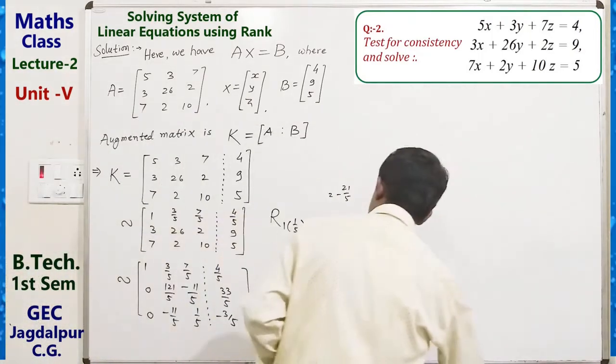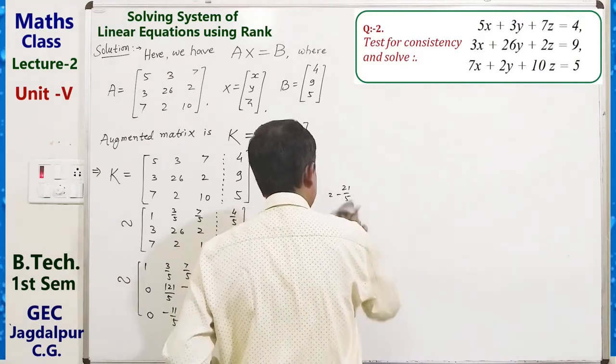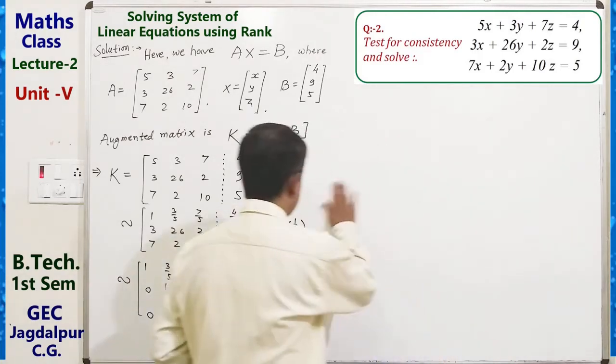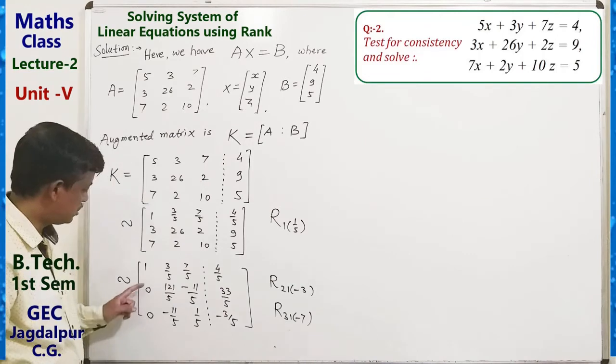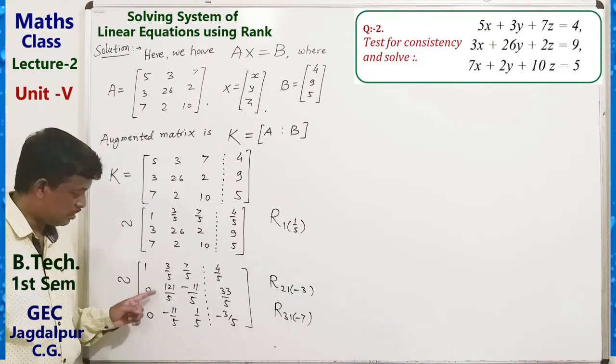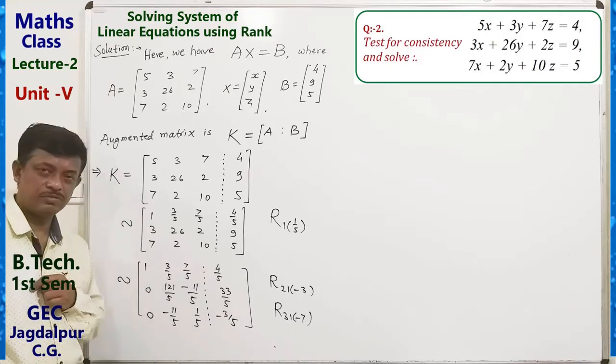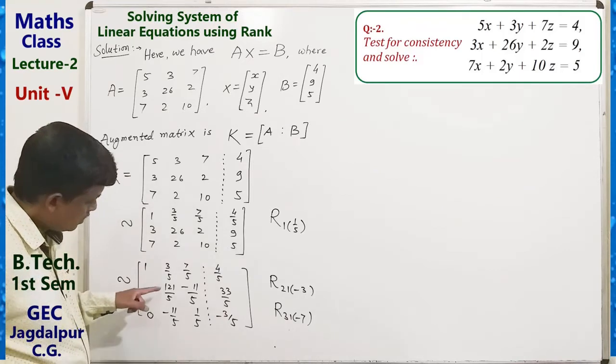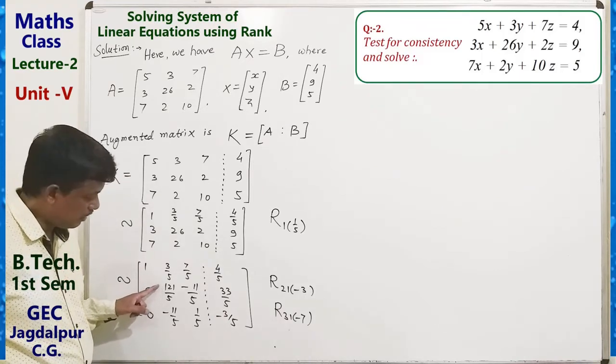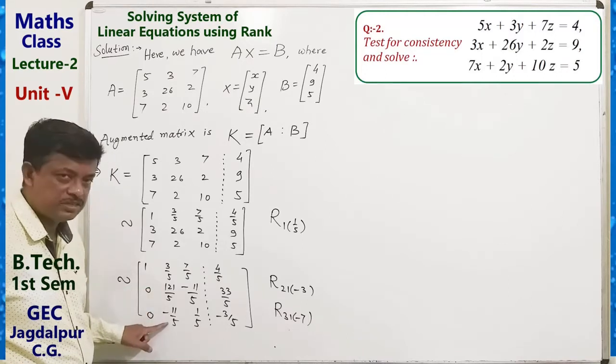Now our main target is converting it to echelon form or upper triangular form. So make this 0. Now make this also 0 by using this. If we divide by 11 and add here, then 0.